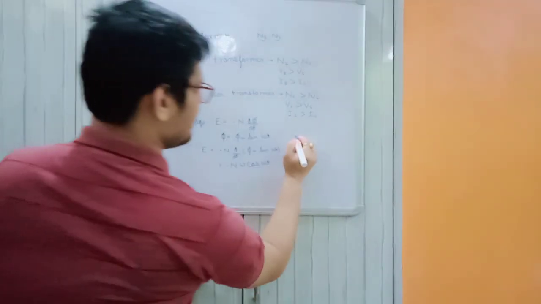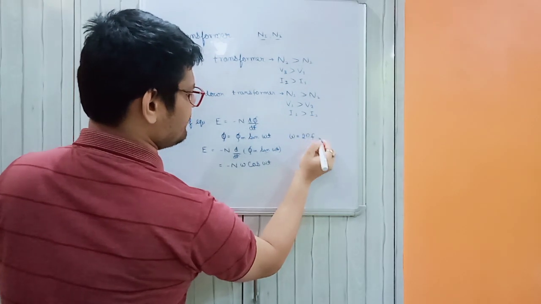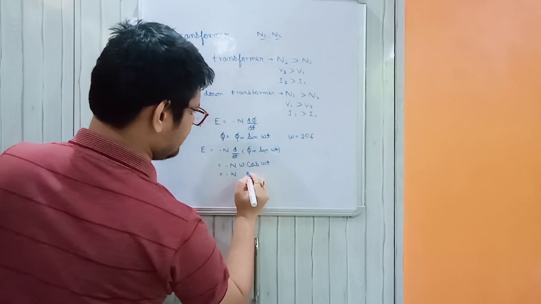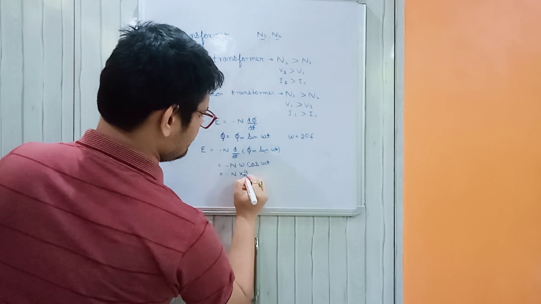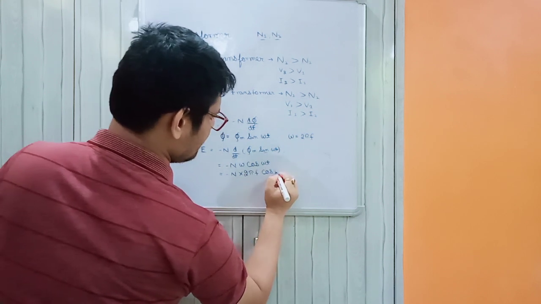We know from the physics equation that omega is equal to 2 pi into f, 2 pi into frequency. We can directly write minus N into 2 pi into f into cos omega t.